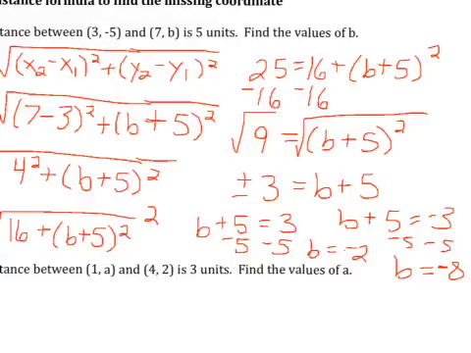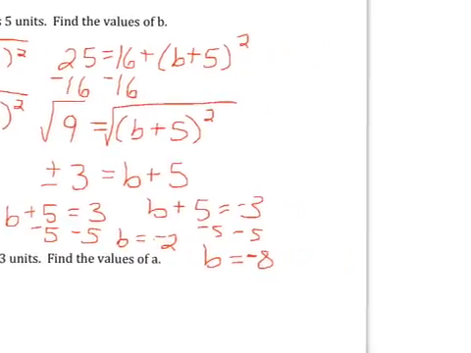The reason that there are 2 answers for these problems is because there are 2 points that can be 5 units away from the coordinate (3, -5). Let's scroll over here so I can show you.